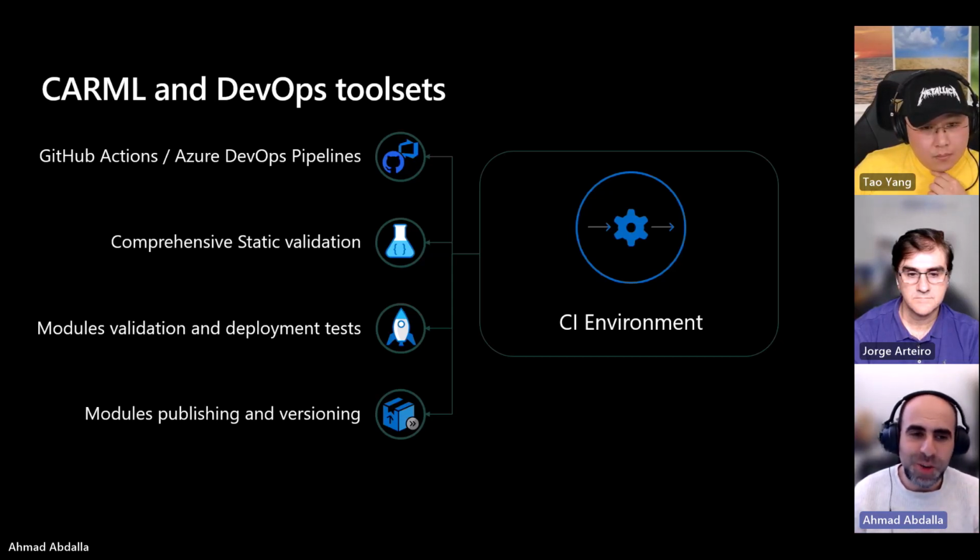A heavily comprehensive static validation. So that's where all the pain is. Essentially, it's all the work that's done to make that consistent experience for CARML. And then we have module validation and deployment, so that there are multiple stages where we have to validate a module across different combinations of parameters.